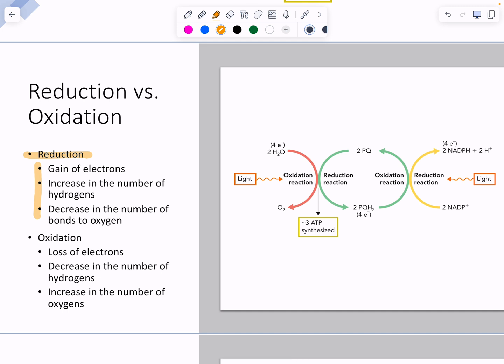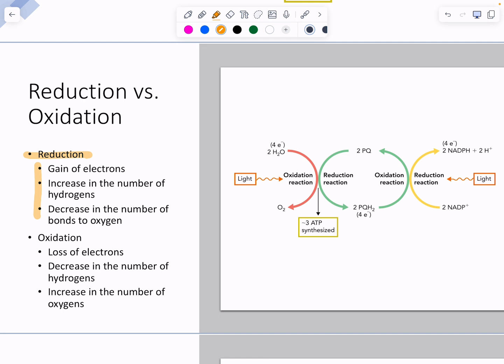We don't have to calculate oxidation numbers if we just look at our molecules before and after. Did we start with something charged and now it's neutral? Did we gain a hydrogen, not a proton, but a hydrogen with its electron? Or did we lose a bond to oxygen? Did we have a carbonyl and now it's a hydroxyl group? That tells us, one, we lost a bond to oxygen, and two, we gained a hydrogen, right?